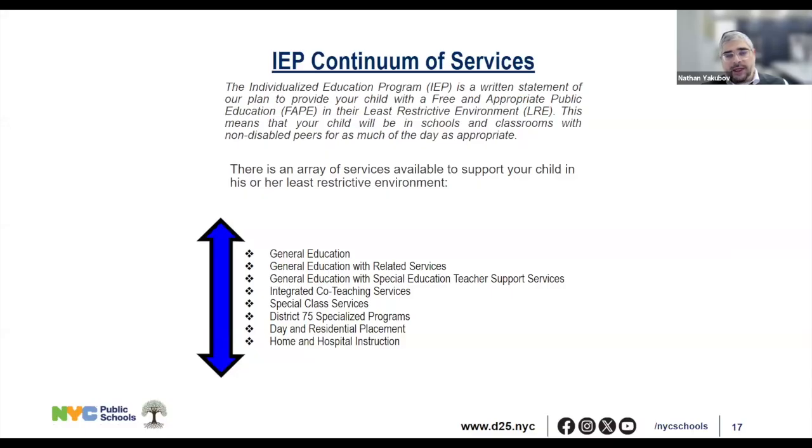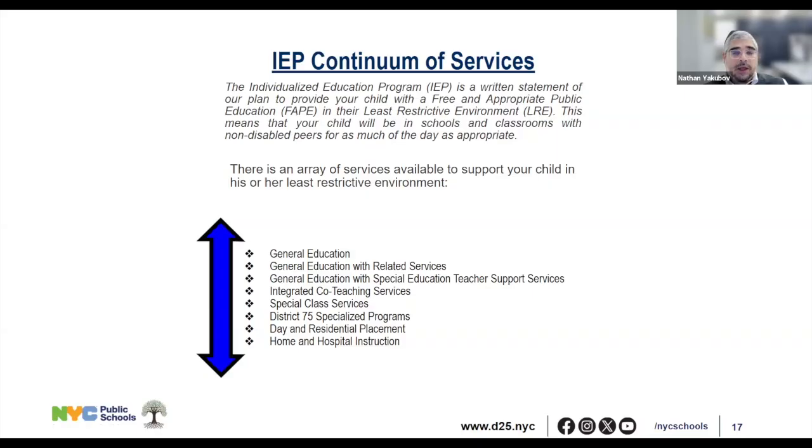We might have a student in a general education classroom with related services, right? For example, they're in a general education classroom, but they're also getting speech therapy, or they may be in a general education classroom with special education teacher support services, SETS. So they have a special education teacher either working with them in the classroom or pulling them out in a small group.